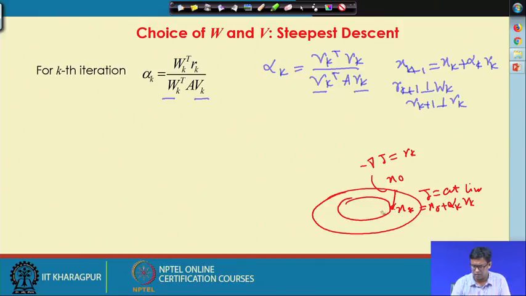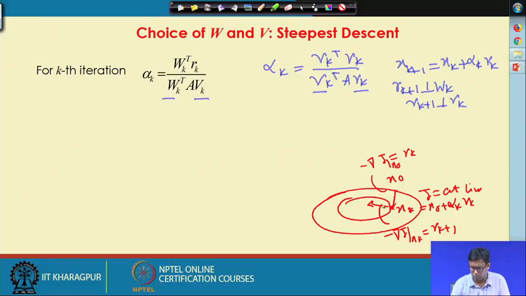And I get the new search direction or new residual here, which is again minus grad J at x k, which is r k plus 1, in this direction.